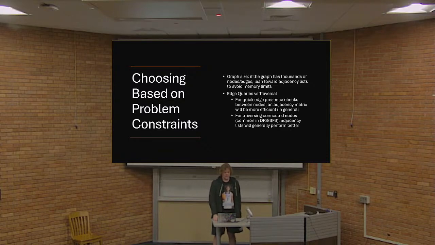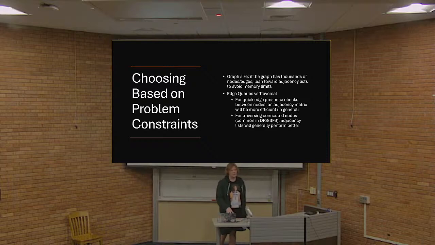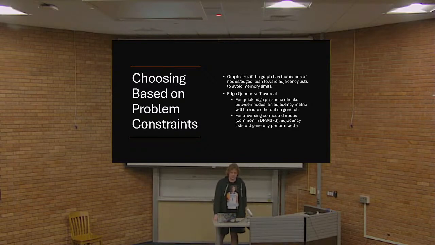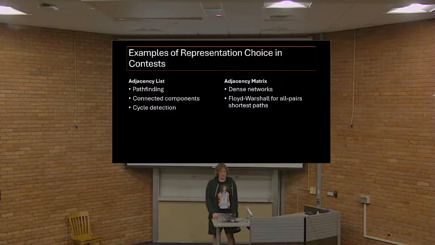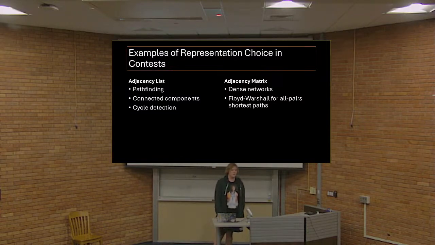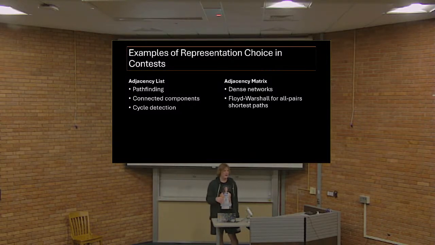But for most other applications, an adjacency list is going to be better, especially for the algorithms we're going to talk about, because they tend to rely heavily on iterating over neighbors of a node, which is really easy to do with an adjacency list. In general, this isn't a rule you absolutely need to follow, but it's usually the idea that I go with.